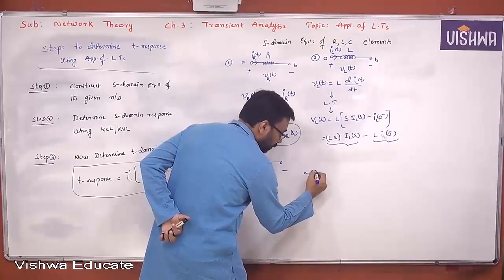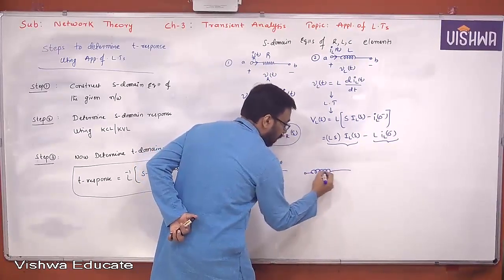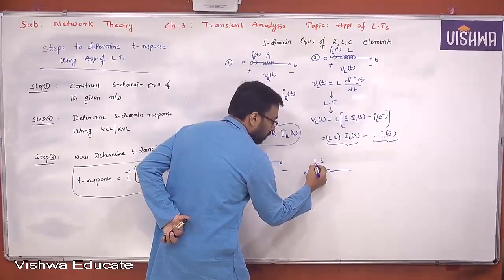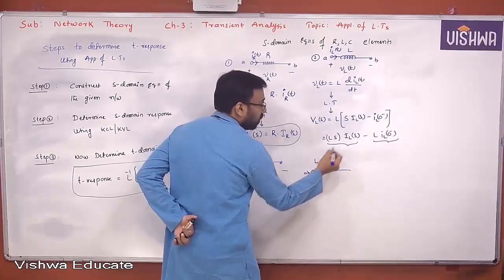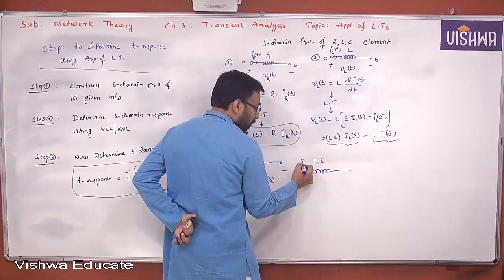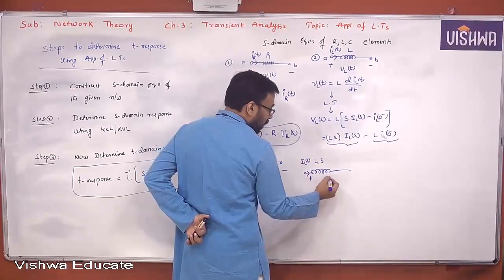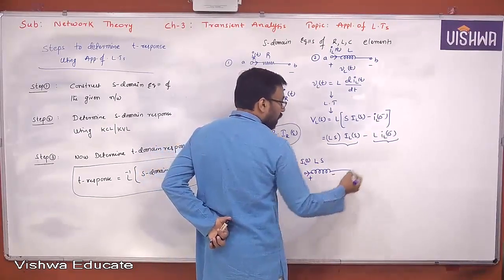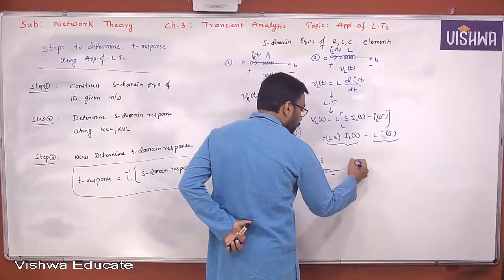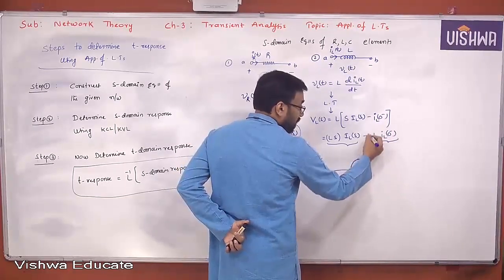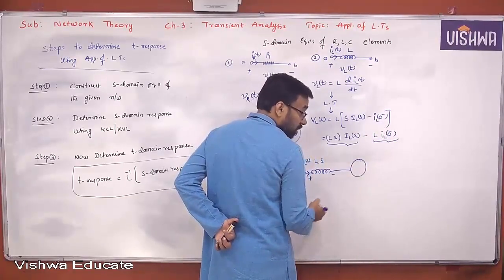Look at this, all of you. What is this? LS. What is the current flowing here? IL of S. Yes or no, all of you? Because of this current direction, what are the polarities you get? Plus minus. And what do you get here? The voltage. I'm just replacing it by a voltage source in series.